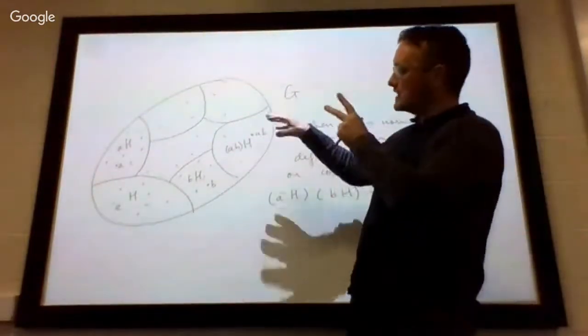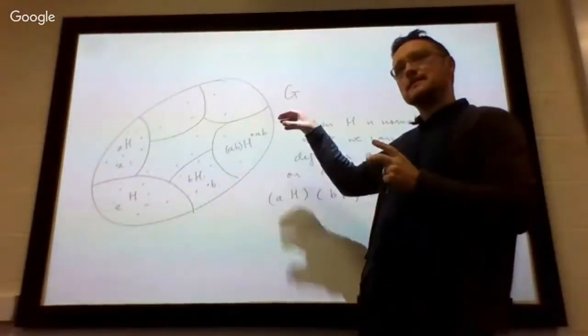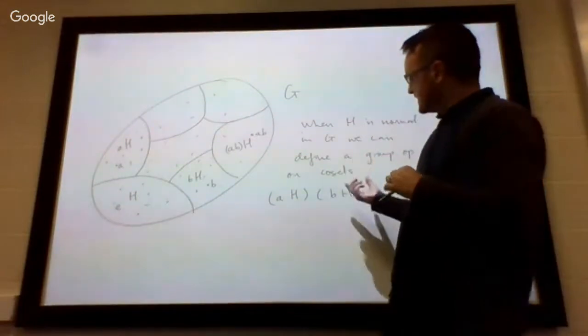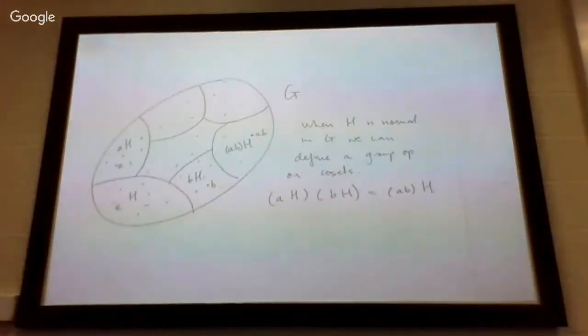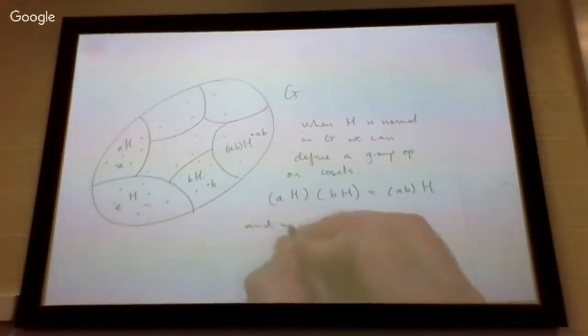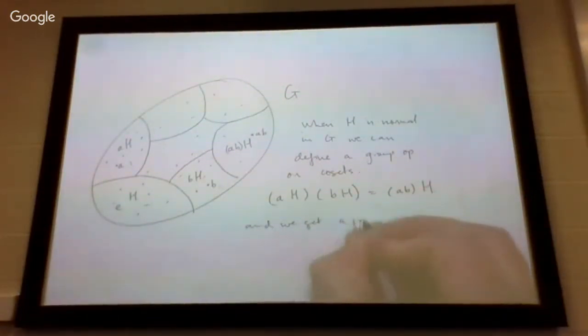So all we can see is the coset, so to speak. Yeah. So the structure that the factor group has: I get a group which we call G mod H, and it's exactly as you said, the group of cosets under this operation.